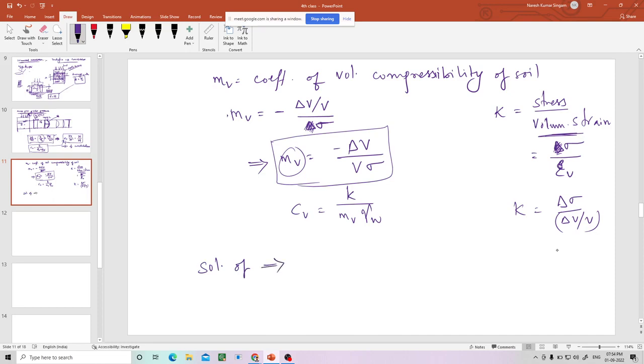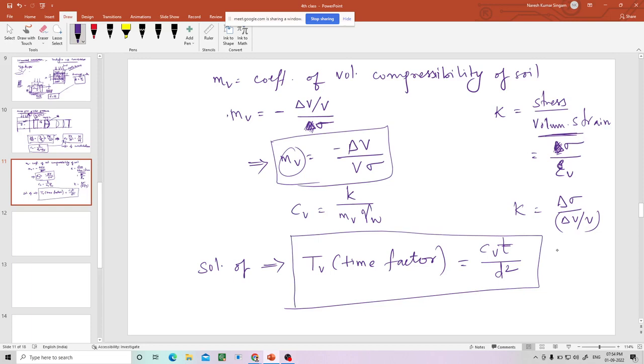One of them is a new term which is introduced, called the time factor. The solution of that differential equation will give you a new factor, that is time factor, equal to CV T by D square. Okay, you should remember this formula.